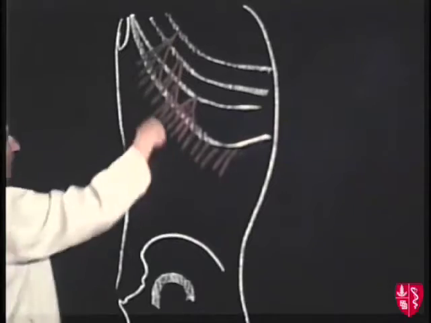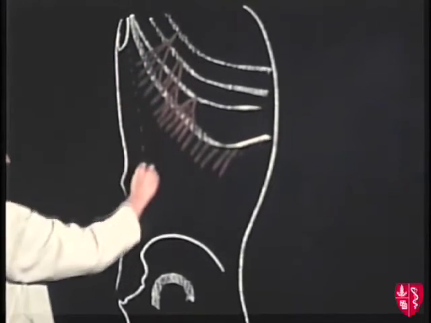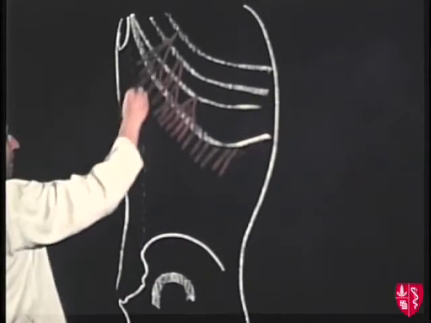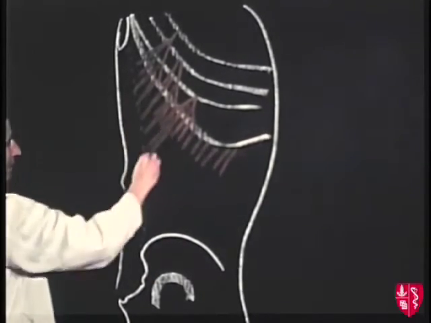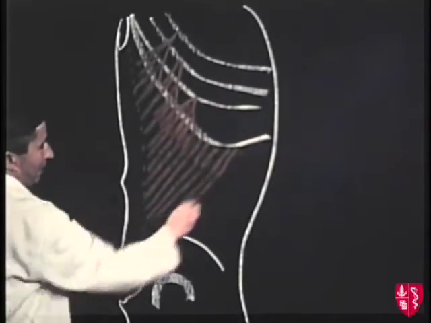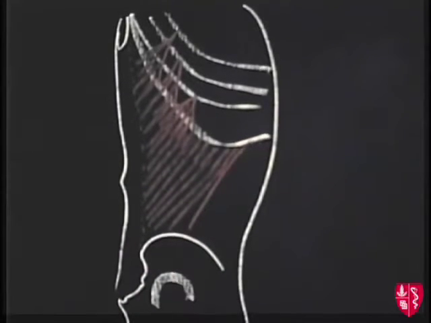Now, the actual muscular part of the external oblique occupies an area something like this, and then sweeps back, so that all this area here is filled in by the fibers. You notice the fibers pass downwards and forwards into the abdomen, leaving a posterior free margin. Now, how is this muscle inserted?